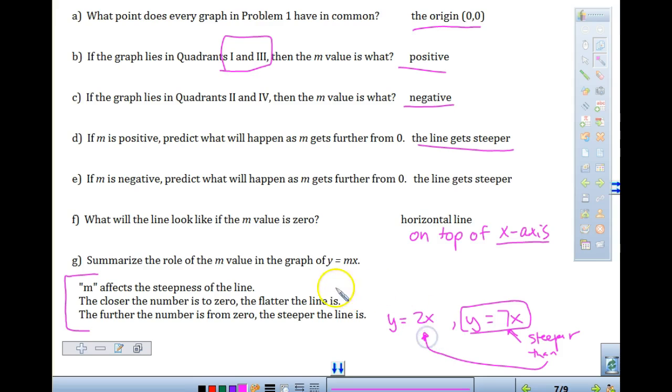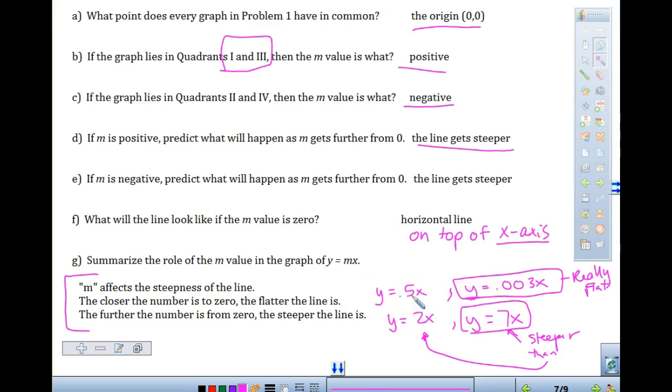If I'm looking at my flat lines and I have y equals 0.5x, and then I have y equals 0.003x, this line is going to be really flat. It's almost horizontal, right? This is really, really flat because it's really close to 0. It's much flatter than this one of 0.5, okay?